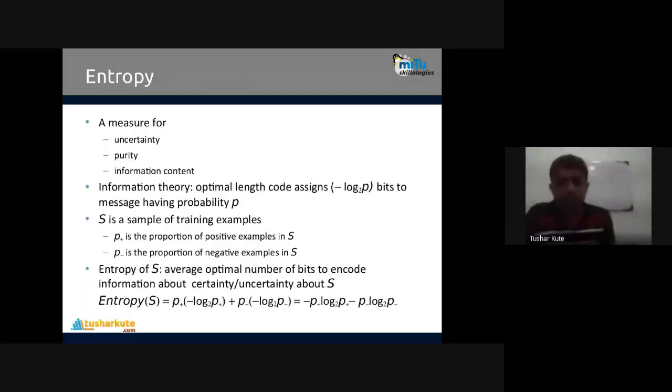Entropy is a measure of uncertainty, purity, and information contained. Now, in information theory, an optimal length code assigns minus log of p to the base 2 bits to a message having probability p.